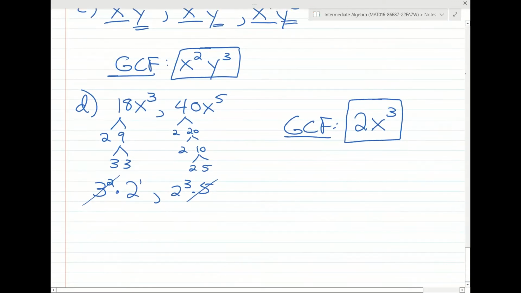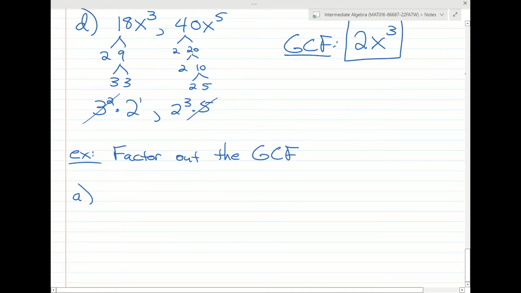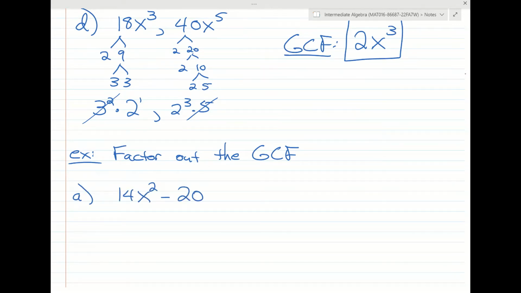So now that we know what the GCF is, there's a different type of problem where we factor out the GCF. Let's say we have 14x squared minus 20x to the third.